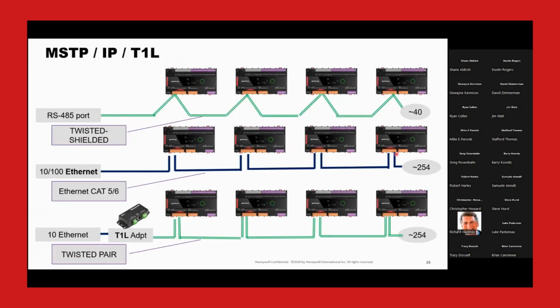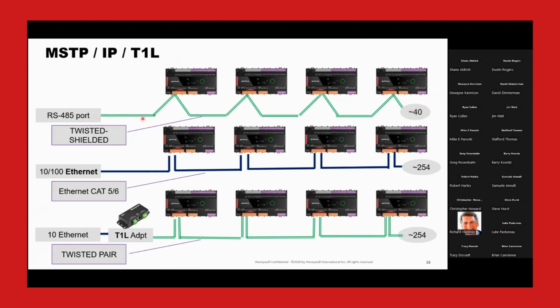Let's look at how this compares to Ethernet and RS-485. So in RS-485, you've got typically about 40 controllers on a trunk. You could put technically more than that on there, but that's a good round number for just about any field controller, LAN, BACnet, Modbus, Honeywell, not Honeywell.